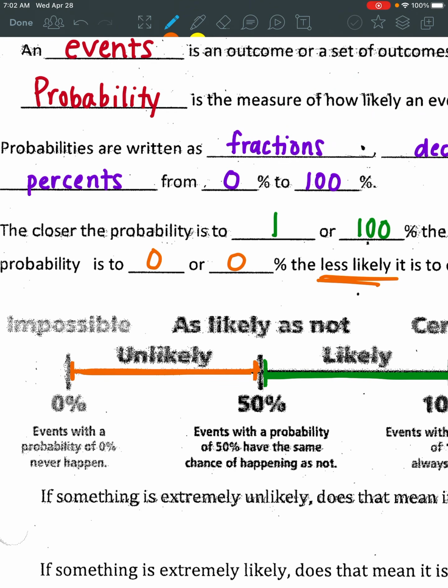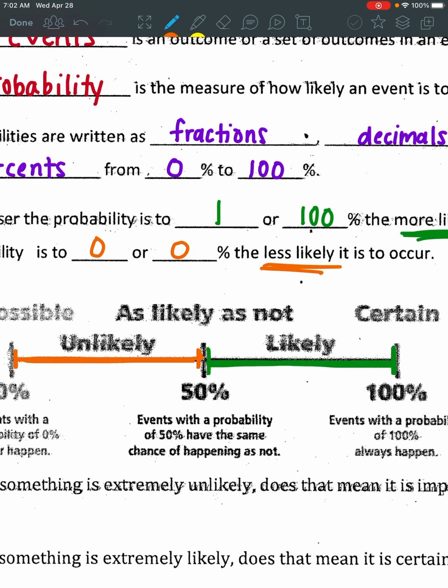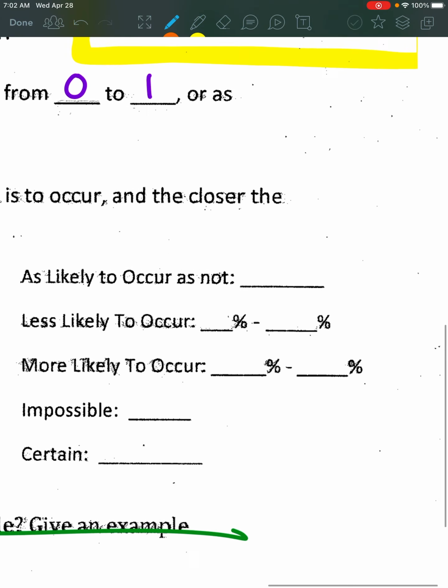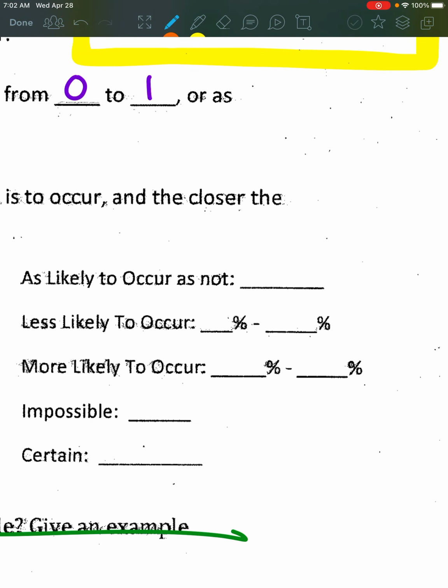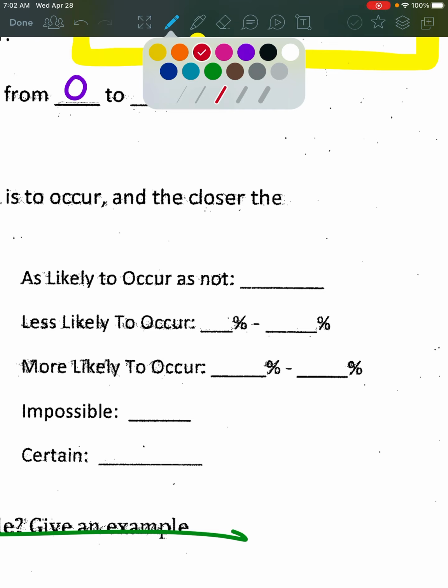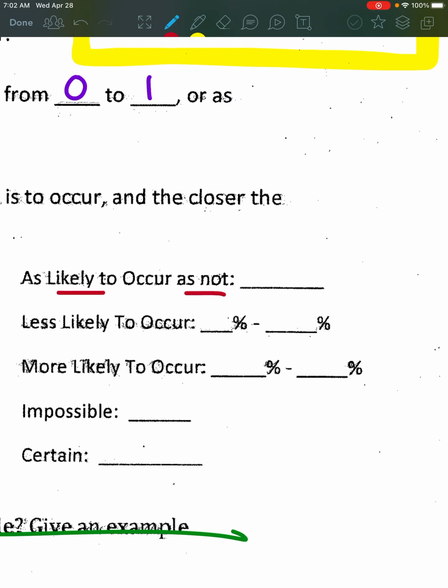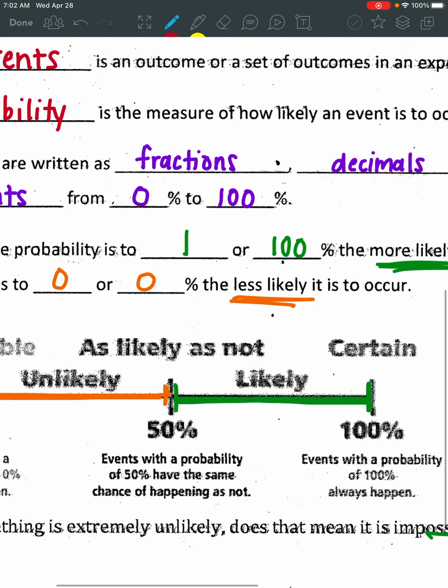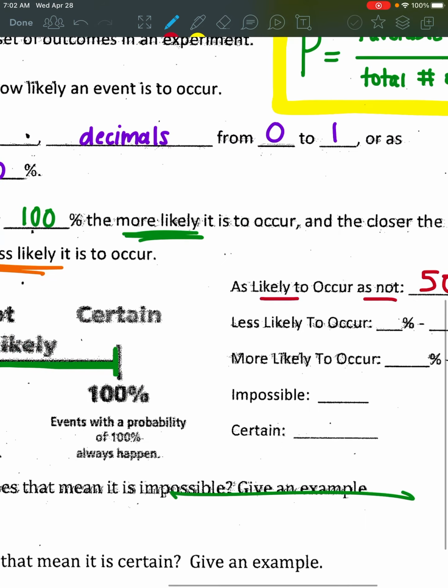I may say, what's the likeliness of that event to happen? So over here, there are different ways to describe our likeliness. So as likely to occur as not. This would be right in the middle. This is our 50%. That is as likely as not, meaning we have the same exact chance of it happening as not happening.